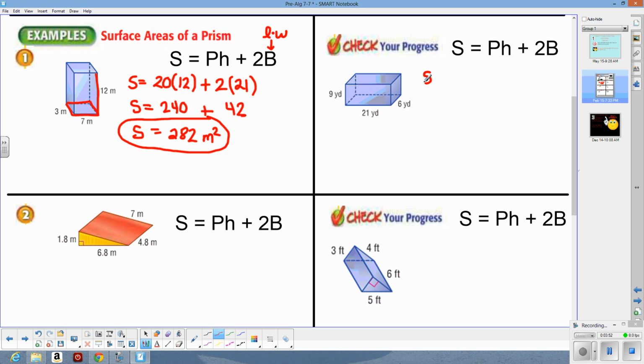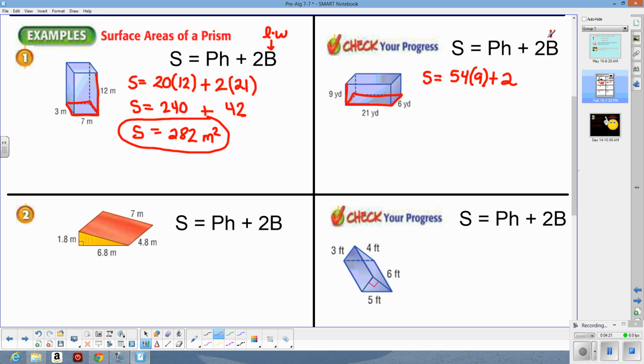Surface area equals the perimeter of the base, so 21 plus 6 plus 21 plus 6. That's going to be 54 times the height. The height is 9 plus 2 times the area of the base.